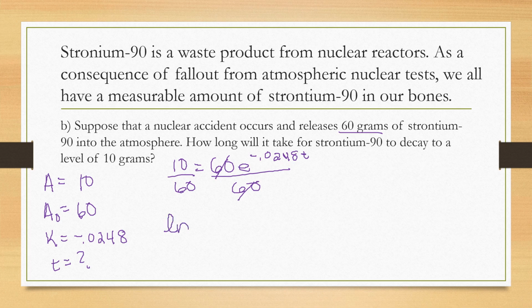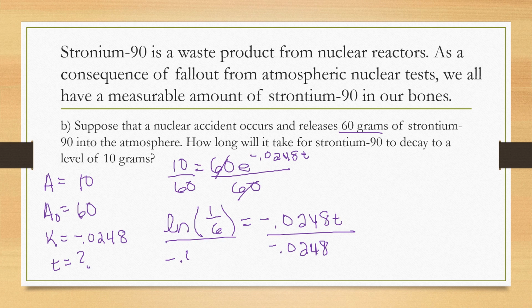So the natural log of 10 over 60, or 1/6, is equal to, not e, because we're writing this as a logarithm, negative 0.0248t. So we're going to divide by that negative 0.0248 on both sides of the equation, because that gives me t on this side. So we'll take this and put it into our calculator and find that t is equal to about 72 years.